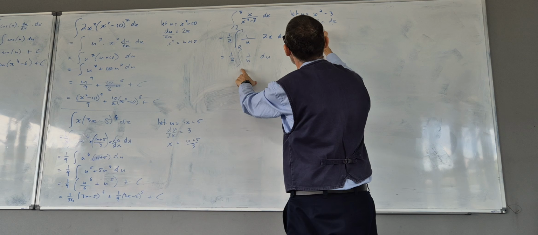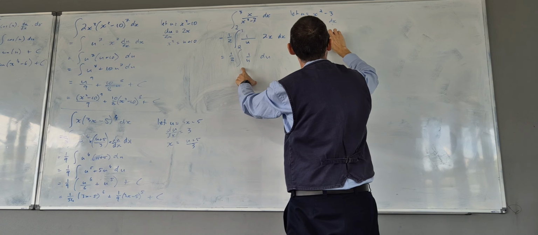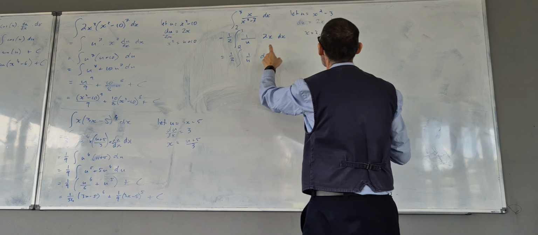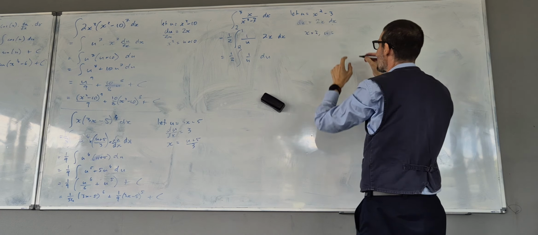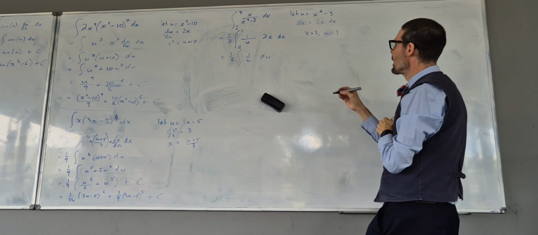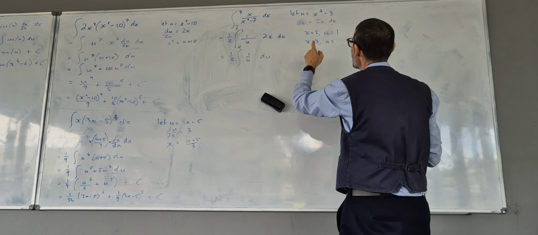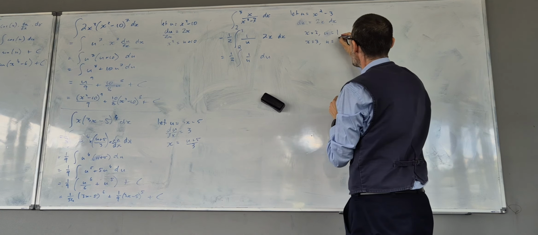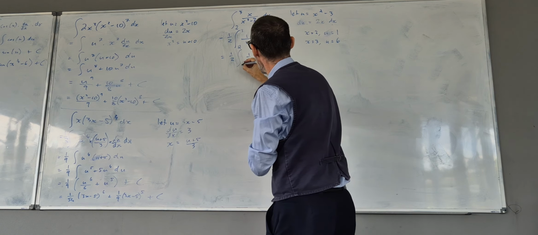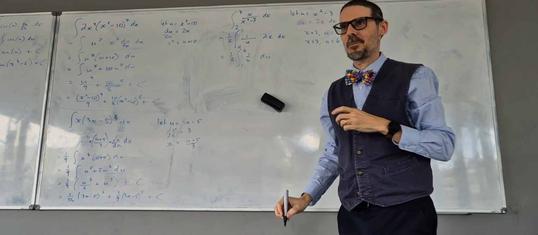So if x is 2, then u is 4 take 3 is 1. And if x is 3, then u is 9 take 3 is 6. So I'm actually integrating from 1 to 6.